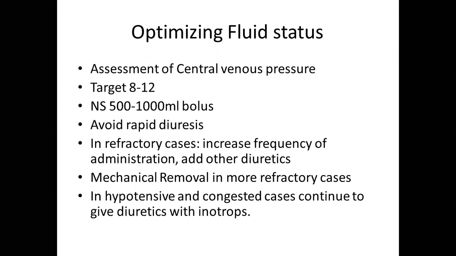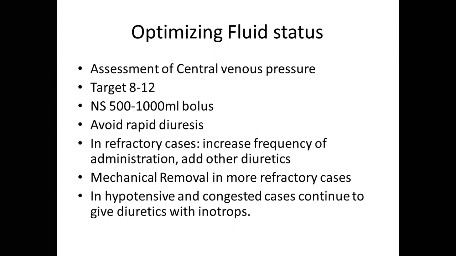So what is the management in refractory cases, like a patient who's been on diuretics but comes with decompensation? The strategy is first to increase the frequency of administration and to add other diuretics. The value of infusion of diuretics is not well evidenced, but one can try, especially with isolated right ventricular failure, but frequent doses can do the same thing.